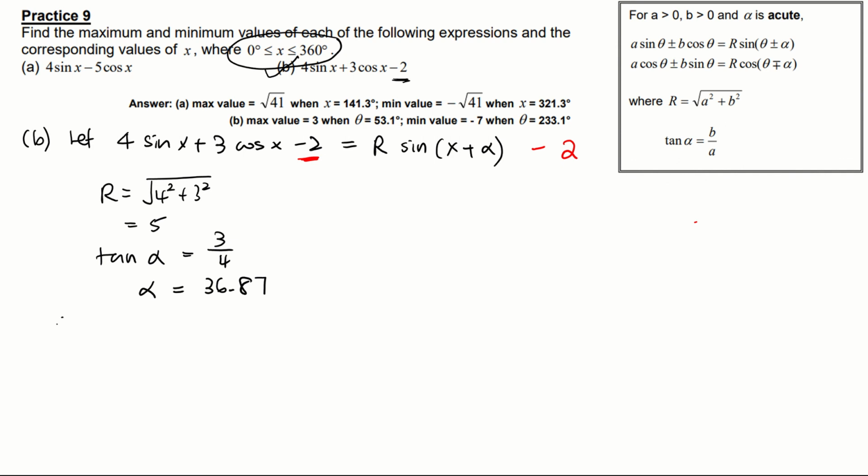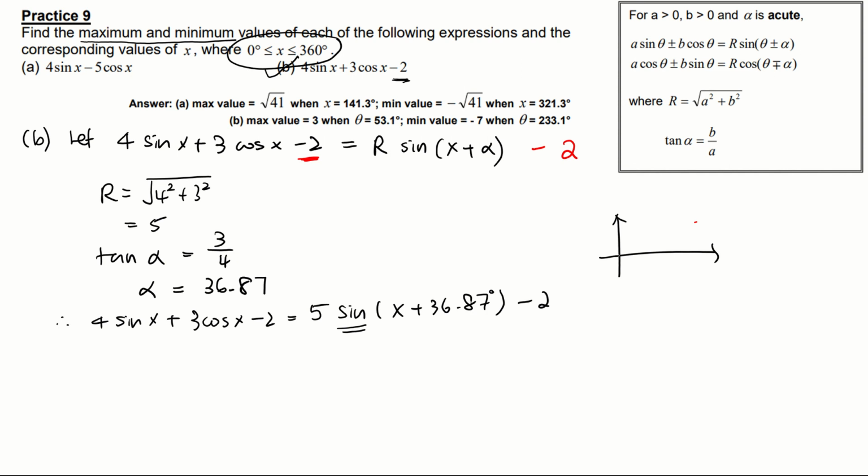Therefore 4 sine x plus 3 cosine x minus 2 is equal to 5 sine of x plus 36.87 minus 2. Now, what is the maximum and the minimum? This is a sine, so you can do a quick sketch of a sine graph to know where the maximum and the minimum happen.